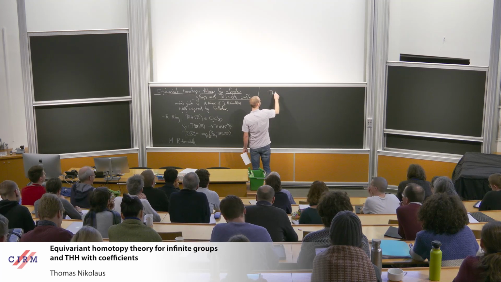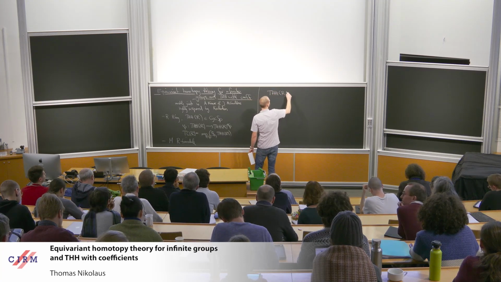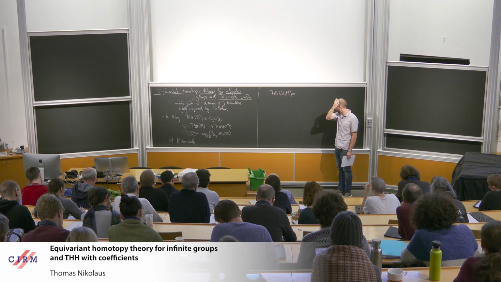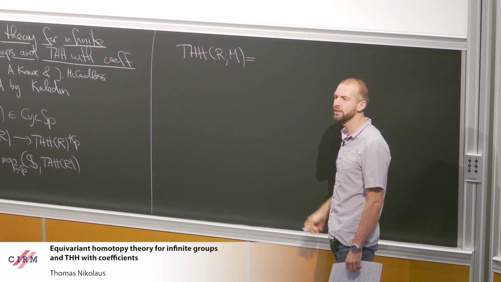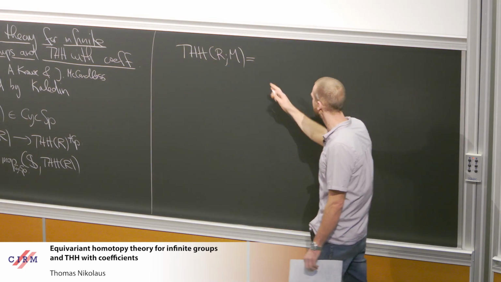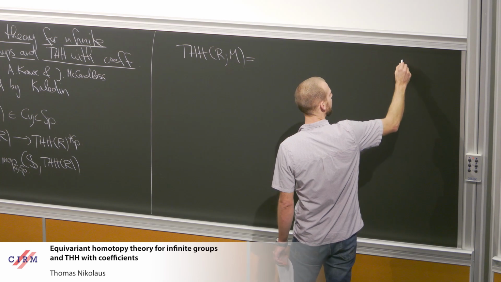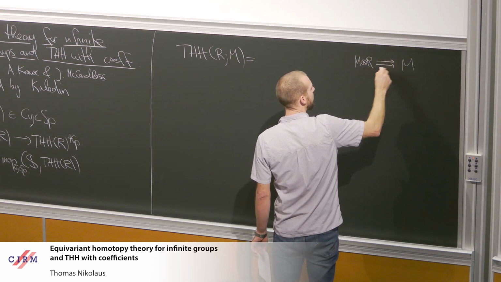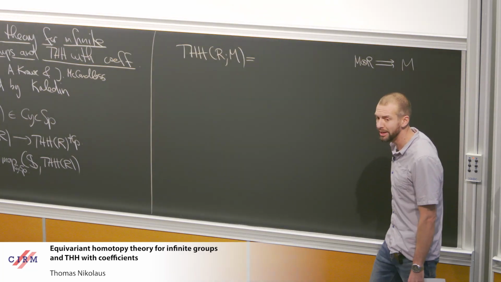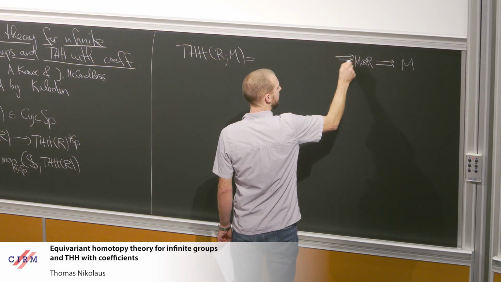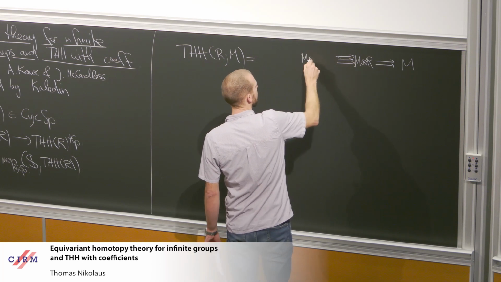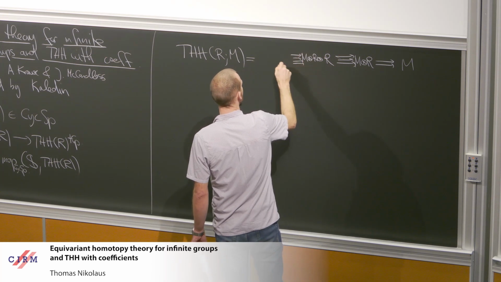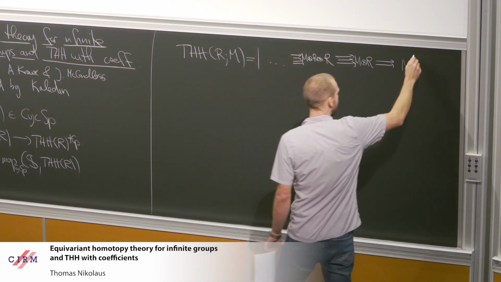So there's a thing called THH(R) with coefficients in M. I haven't told you how to define THH, but there's a bunch of different equivalent definitions. One is through the cyclic bar construction. So what is THH with coefficients? Just put M here, and then you put M tensor R. There are two maps, the action from the right and the action from the left. And then this extends canonically to a simplicial object like this, and so on, and then you take the geometric realization of that.